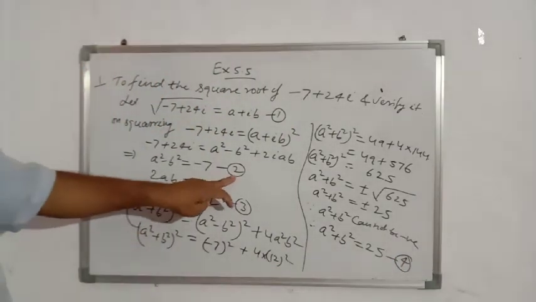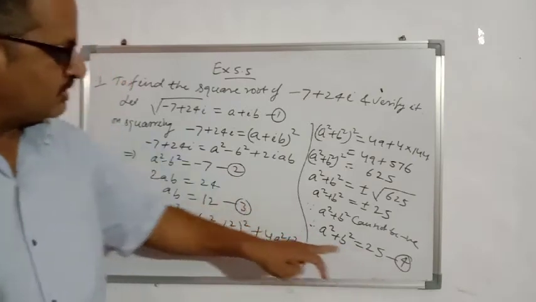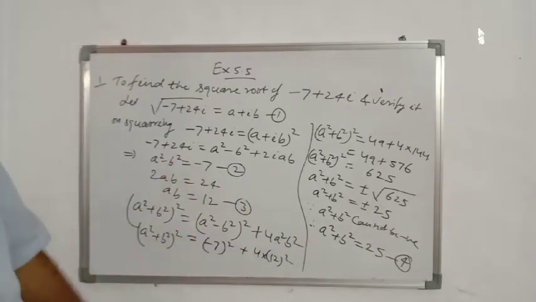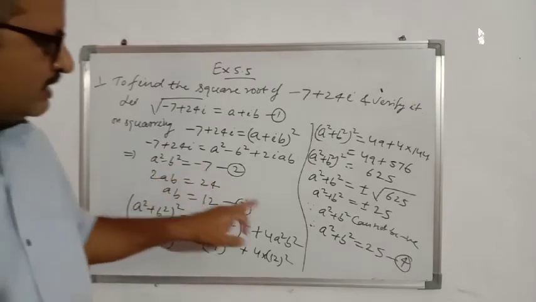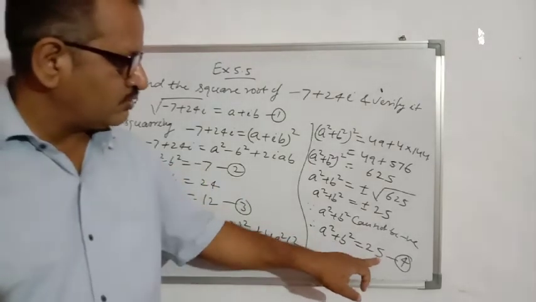Now we will solve the second equation and the fourth equation to find a and b. Here a square minus b square is equal to minus 7. A square plus b square is equal to 25.